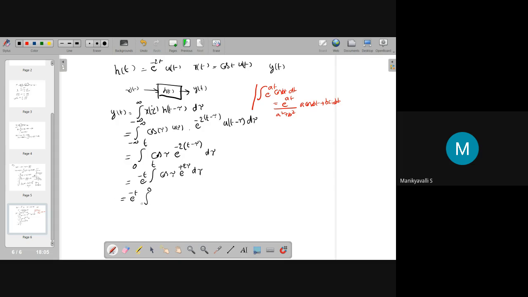That means now 0 to t into e to the power of 2 tau by 2 square plus 1 square into 2 cos tau plus sin tau. Right? Limits are 0 to t.